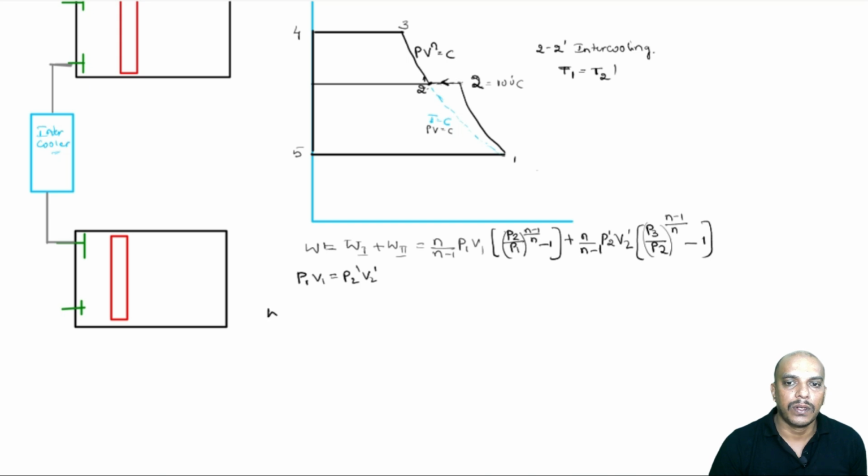So therefore, work required will be equal to n by n minus 1 P1 V1, which I can take common because it is going to be the same, and we can write P2 by P1 for the first stage to the power n minus 1 by n, and similarly here the second stage, and this will be minus 2.